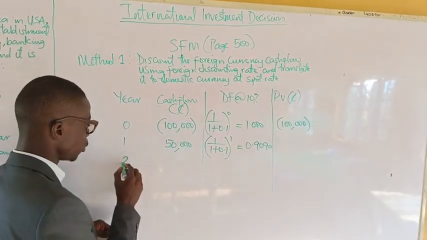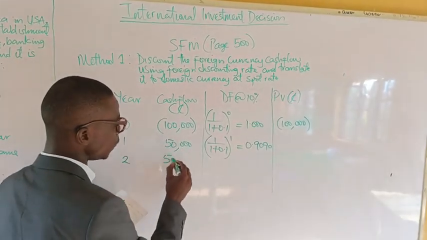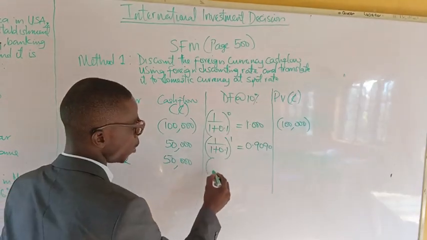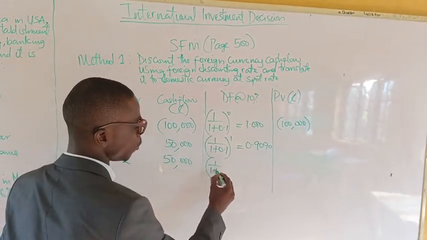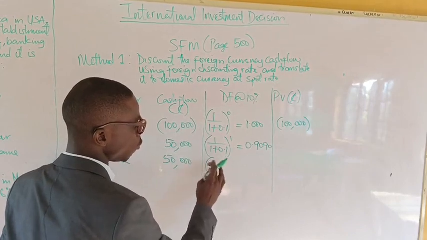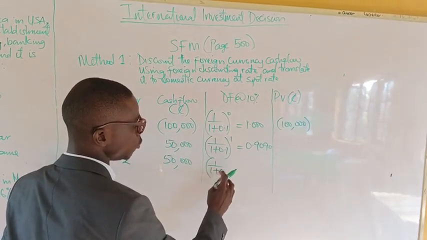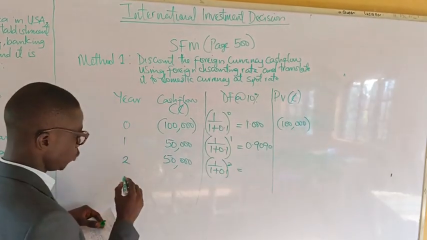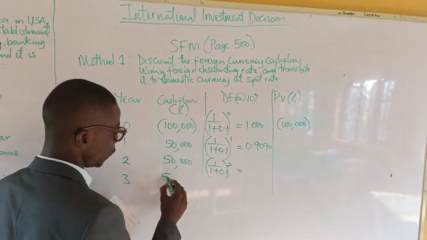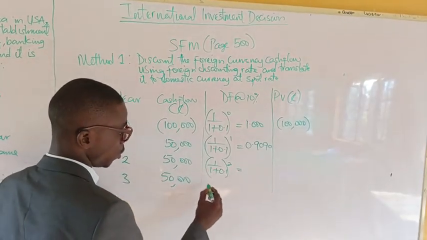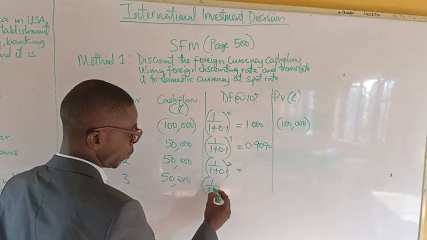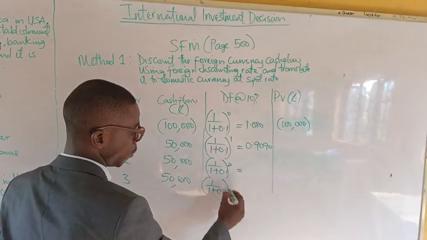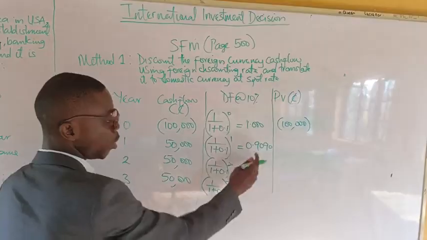Okay, so year 2 will be 50,000, with discounting factor 1 over 1 plus 0.1 raised to power 2. Year 3 is 50,000, raised to power 3.